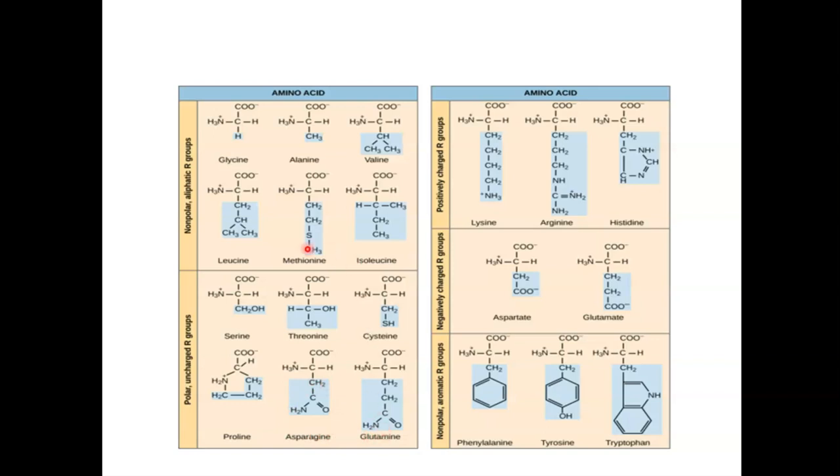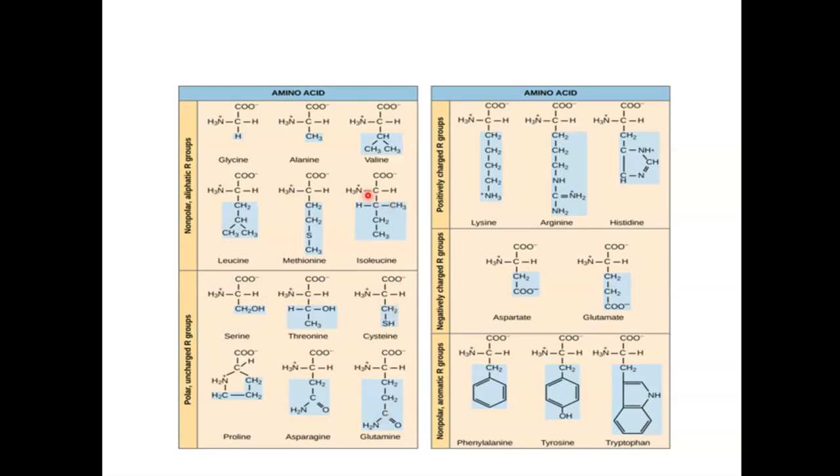So we discussed monoamino, monocarboxylic acids. There are 5 types of classification. Simple amino acids, glycine and alanine. Branched chain amino acids, valine, leucine and isoleucine. Sulfur containing amino acids, methionine and cysteine. Hydroxyl group containing amino acids, serine and threonine. And amide group containing amino acids, asparagine and glutamine.